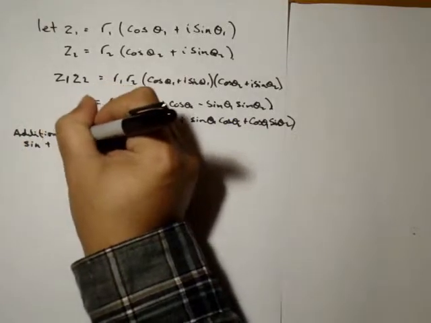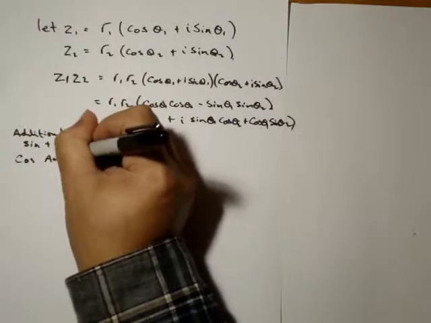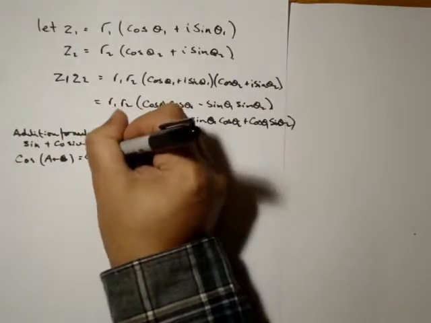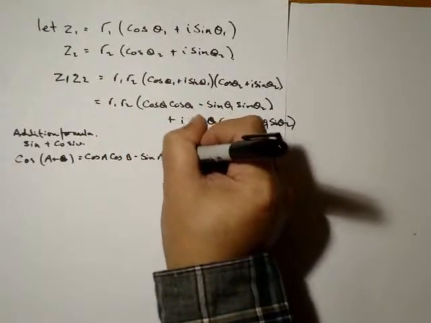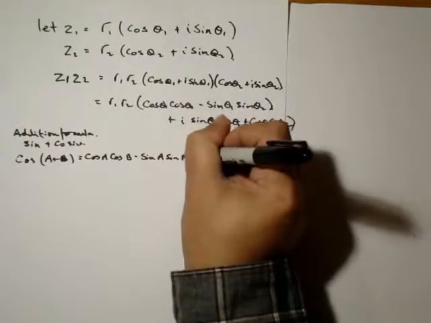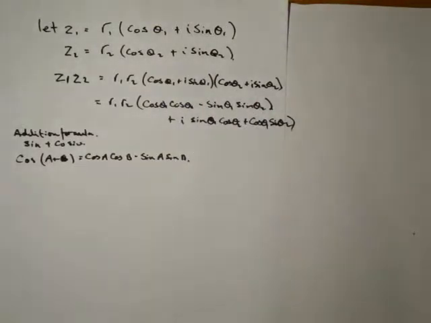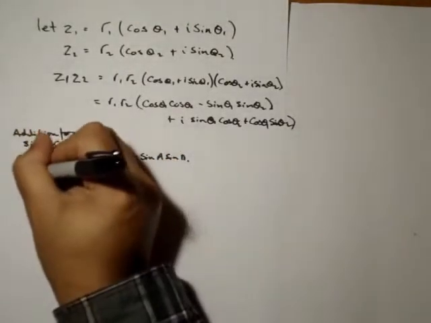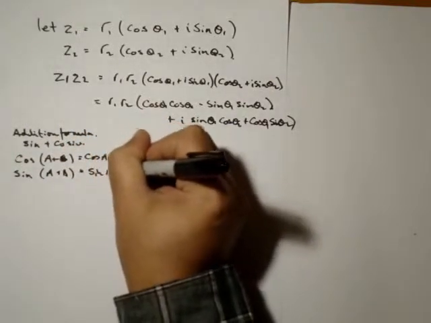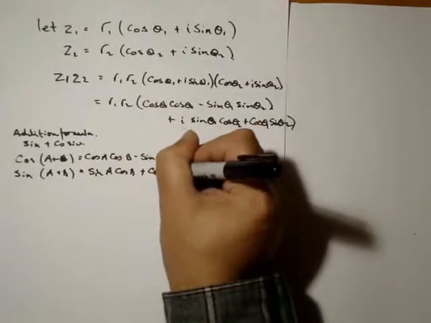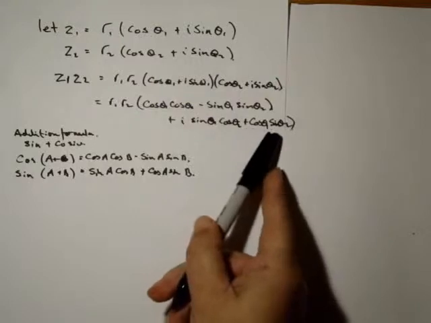Let's just have a review of that, which says that cos A plus B equals cos A cos B minus sine A sine B. So here we have cos A cos B minus sine A sine B, and then also sine A plus B equals sine A cos B plus cos A sine B. And here we have sine A cos B plus cos A sine B.